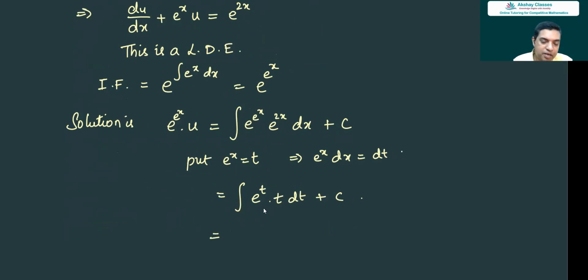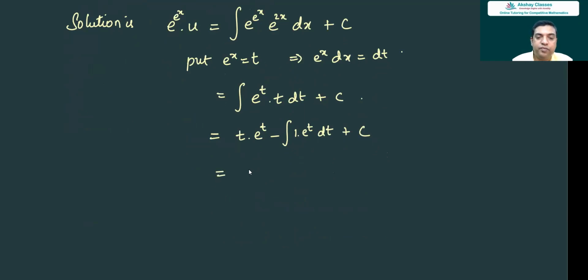So integrating by parts: first function will be t, second function e power t, minus the integral of the derivative of the first, that is 1, times the integral of the second. So we get t e power t minus e power t plus c.